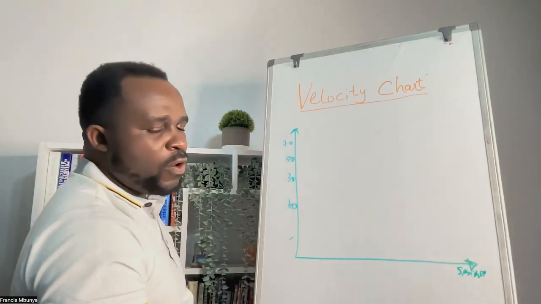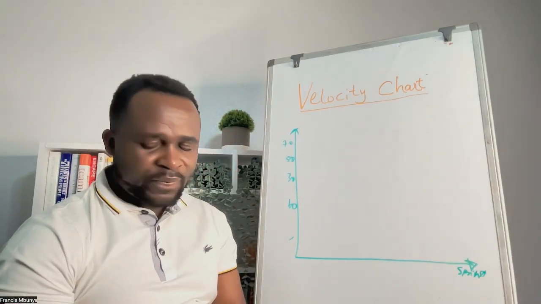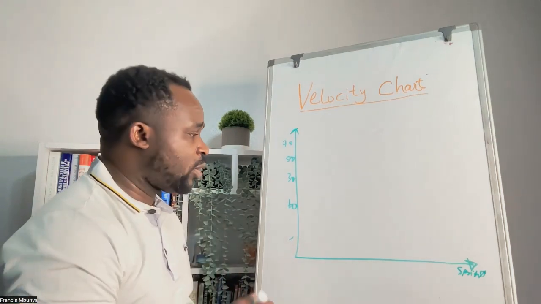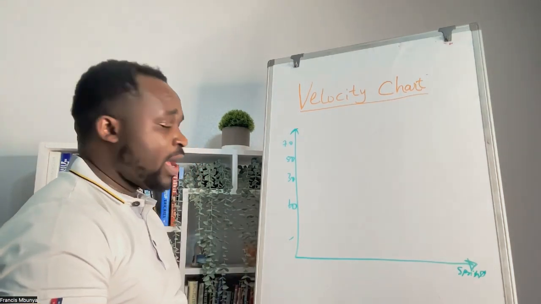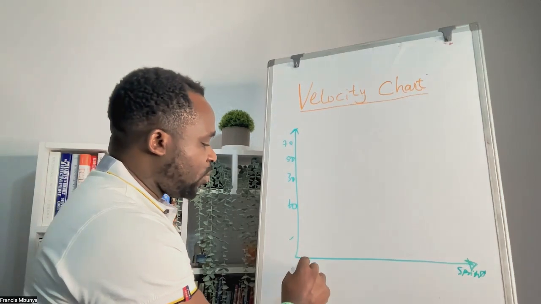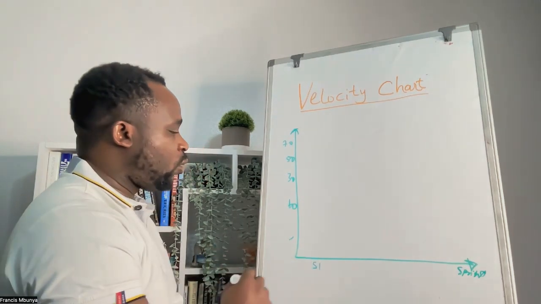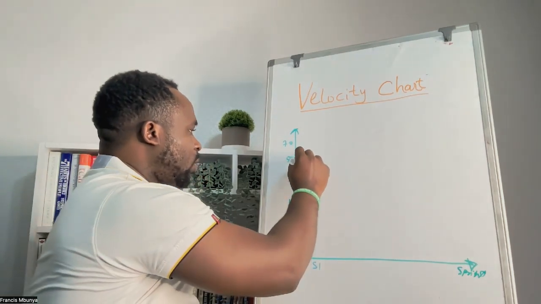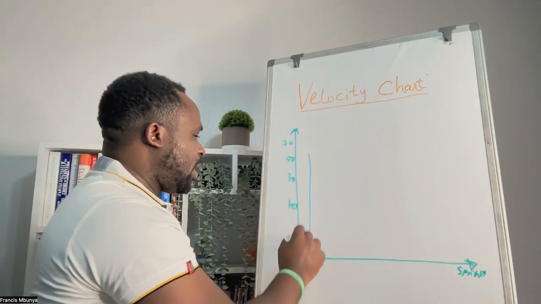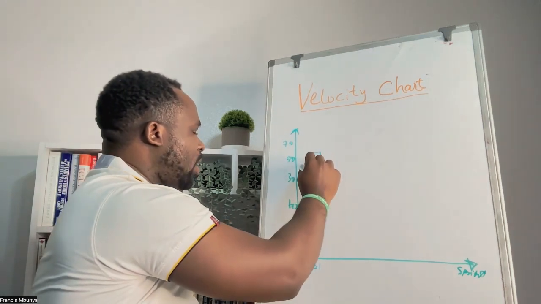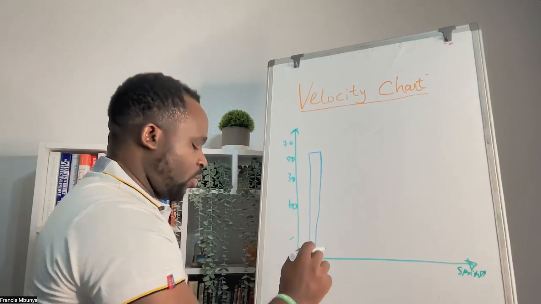So you obviously always see two different charts. I'm going to use two pens to illustrate. Let's say we have our first sprint right here, which is sprint 1. Let's call it S1. And let's say we committed to about 55 story points.